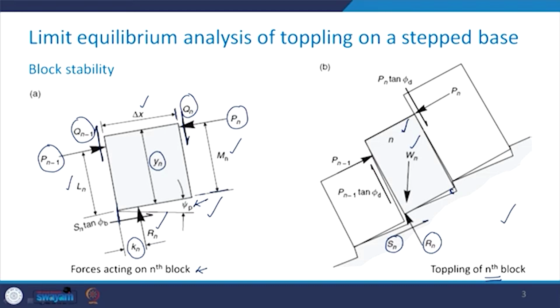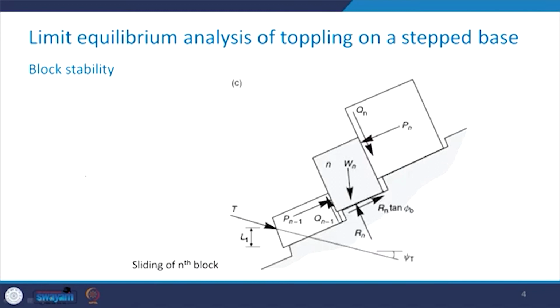The weight of the block is given by Wn, and these forces Pn and Pn minus 1 act in this particular plane at locations shown in this figure and given by Mn and Ln respectively.